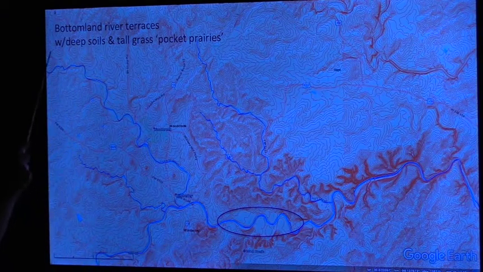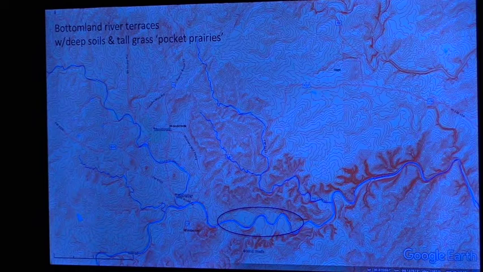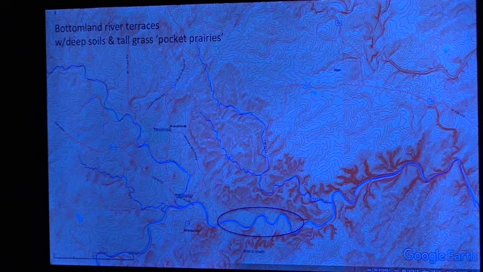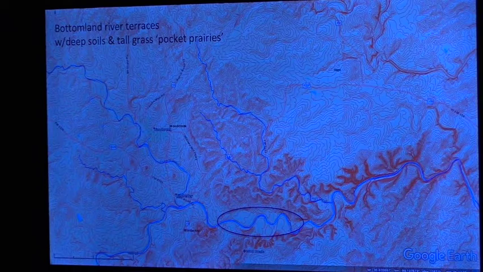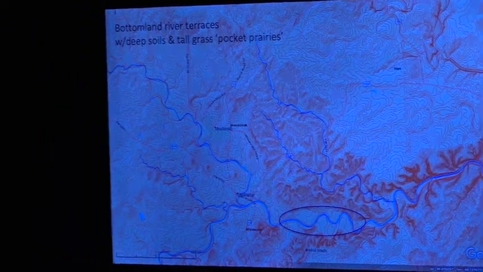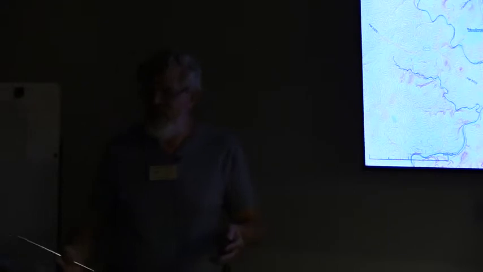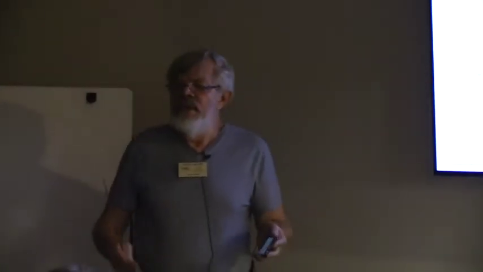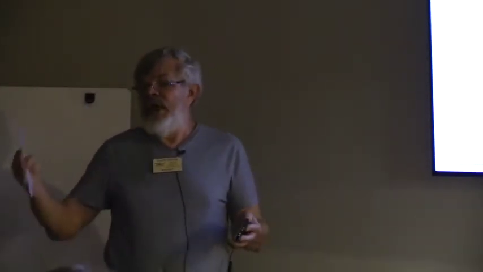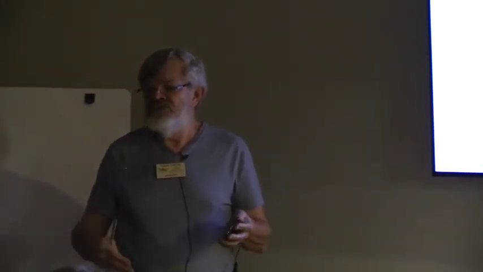That was deep soils with tall grass, and there were pocket prairies along all of these creeks and rivers because there are deep soils right up against the river in many places, up against the creek. We have 10-foot pilings. It took 8 feet of that to get the limestone, right next to the creek. You go to the other side of the house, it sits on limestone.